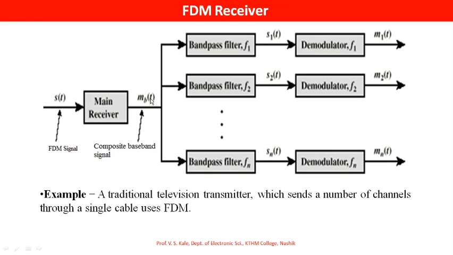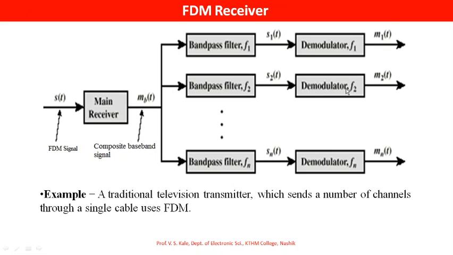We get the composite baseband signal, and this is given to the inputs of band pass filters. Here the cutoff frequency is F1, second is F2, third is Fn, and the band pass filter outputs the signals S1(t), S2(t), Sn(t), which are given to the demodulator input, and the demodulator removes the carrier and gives us the original signal, that is M1(t), which was transmitted by the transmitter.